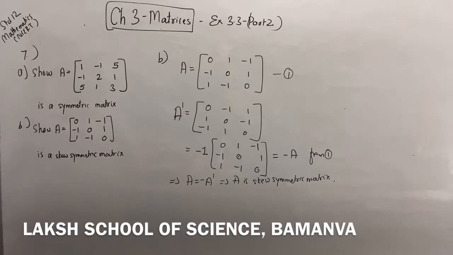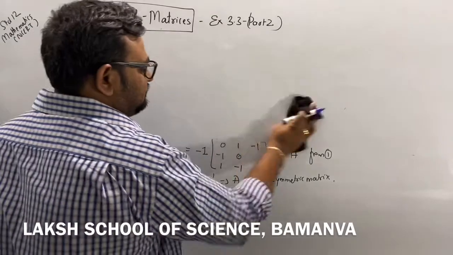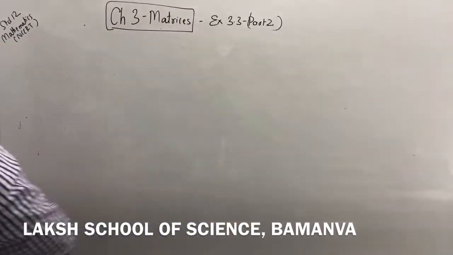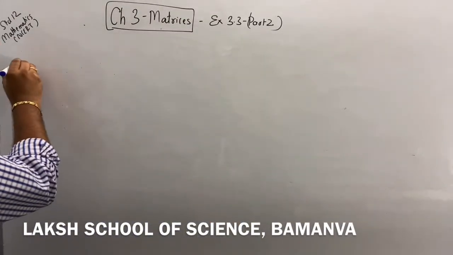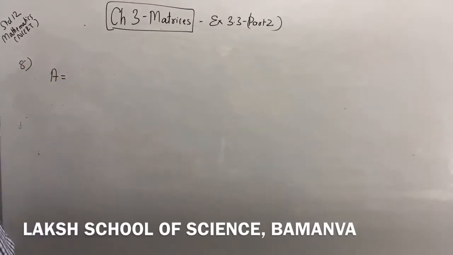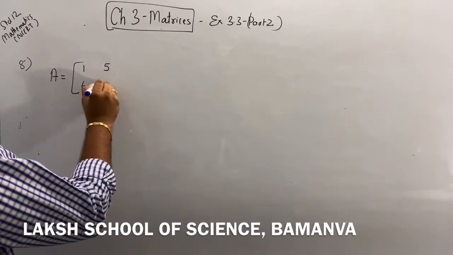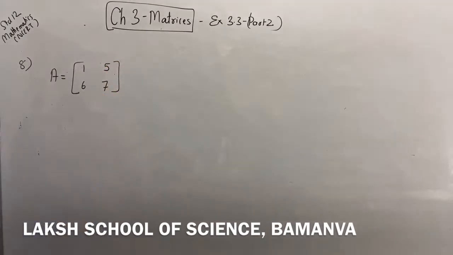Okay, next, question number 8. In question number 8, a matrix is given: A equal to 1, 5, 6, 7.